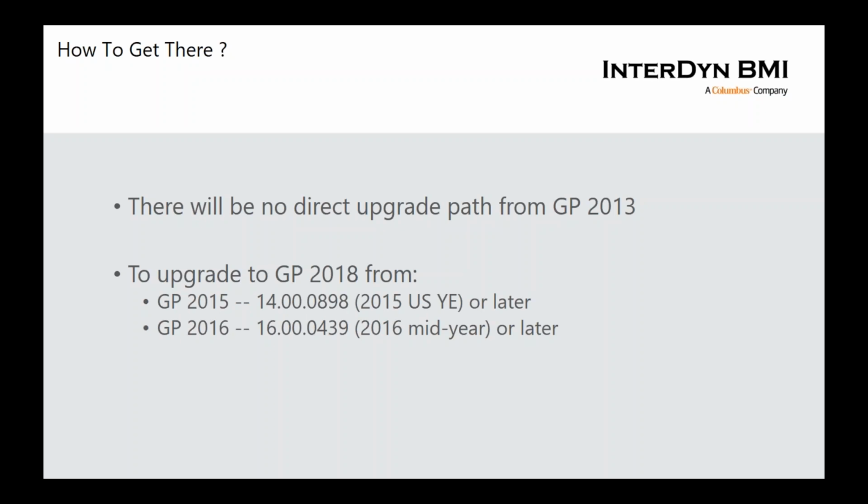If you're on 15 or 16, you can go directly to 18. You do have to be on one of the versions I've noted here, either 15 or 16. If you have questions on that, you can ping us later, and we can figure out exactly what you might need to do to get your system to current.